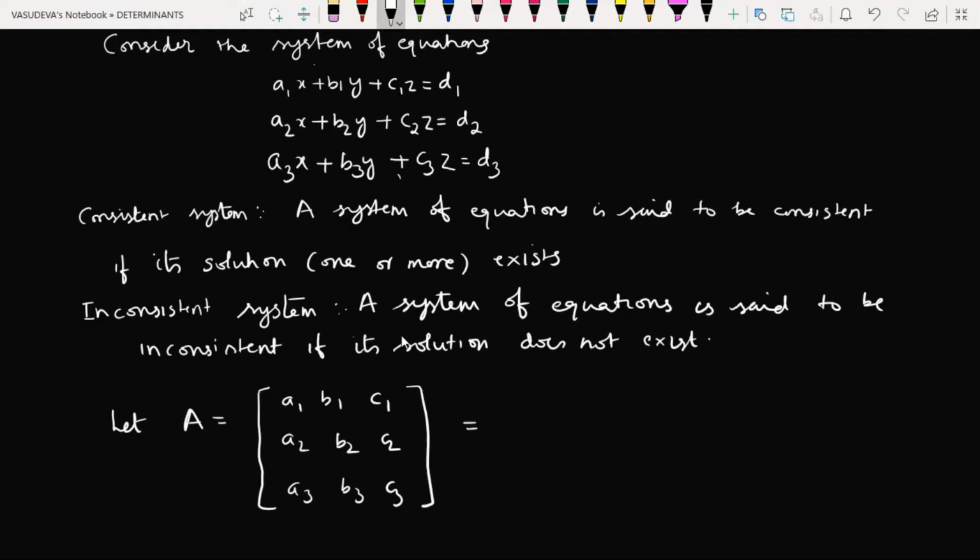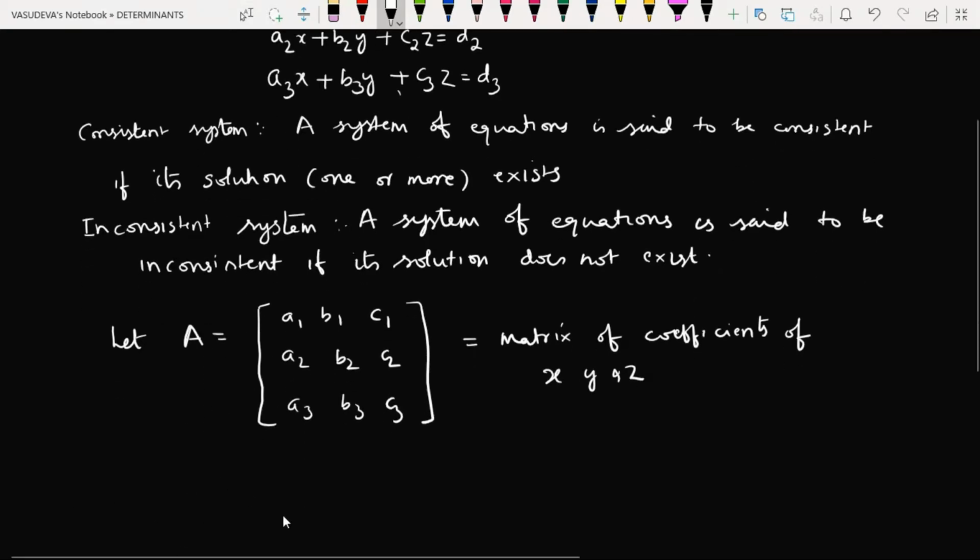This is the matrix of coefficients of x, y and z.